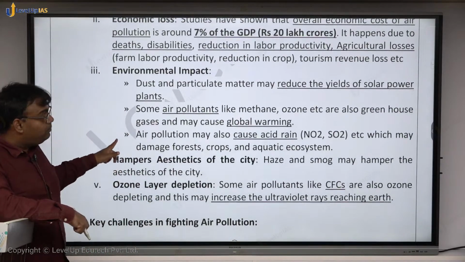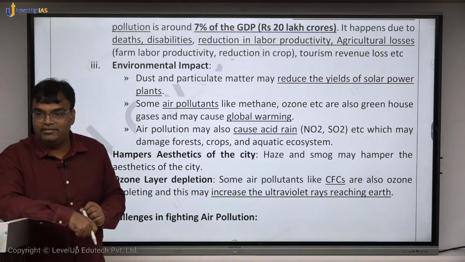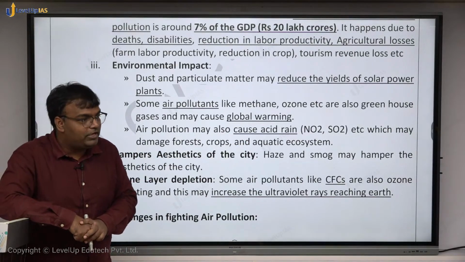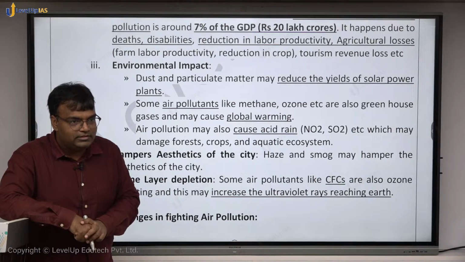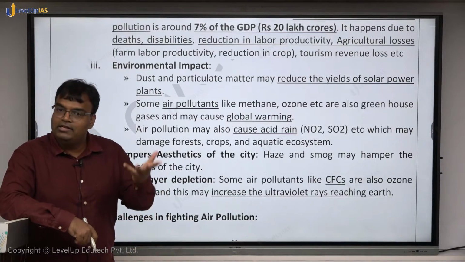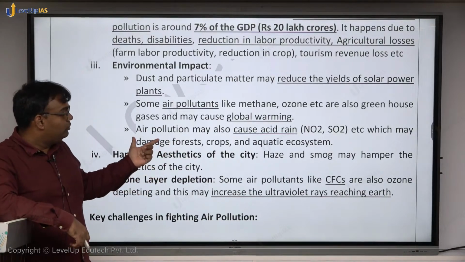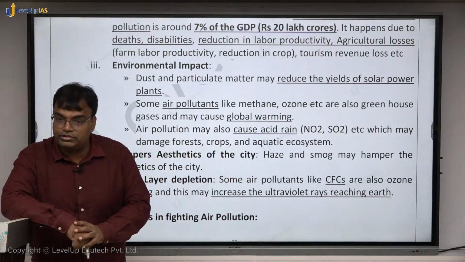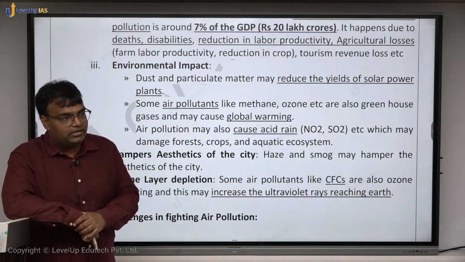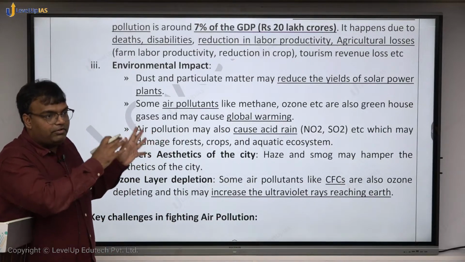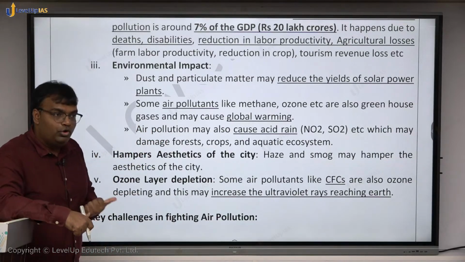Then air pollution may also cause acid rain. Nitrogen oxide, sulfur dioxide, they are air pollutants. When we burn coal, petrol, etc., they are released, and acid rain may have impact on forest, crops, aquatic ecosystem, biodiversity in general. So there are negative environmental impacts of air pollution also.